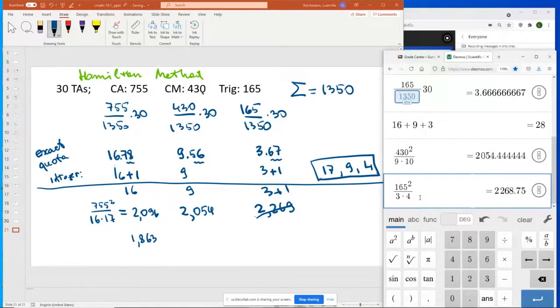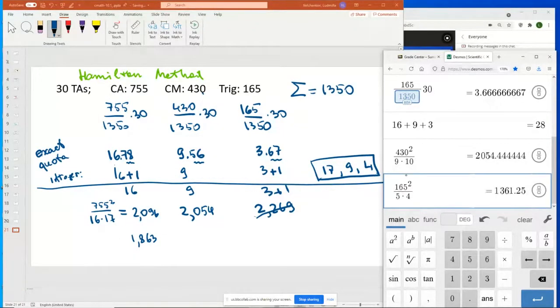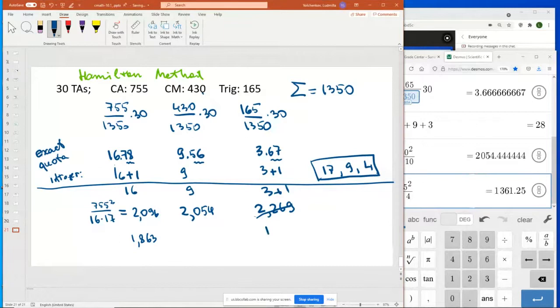And to use this method, we actually need to know the next HH number, which is with the current 4, the future number 5. So it will be 4 times 5 in the denominator. So the next HH number is 1,361.